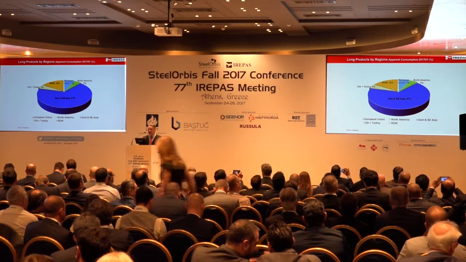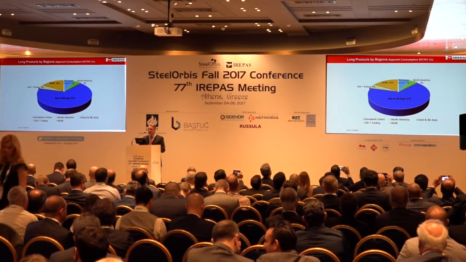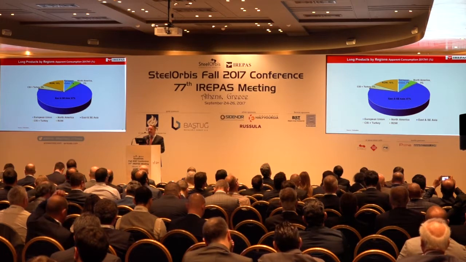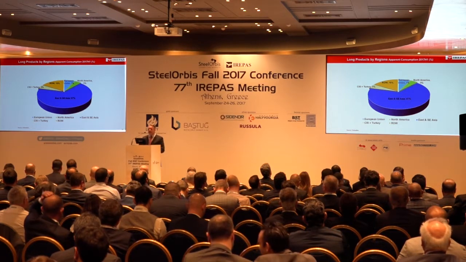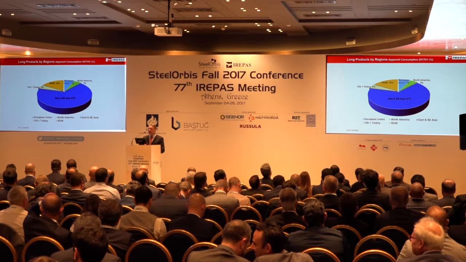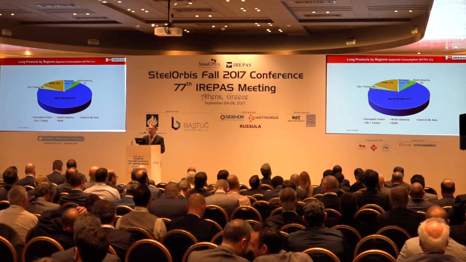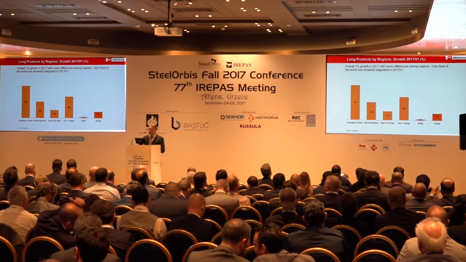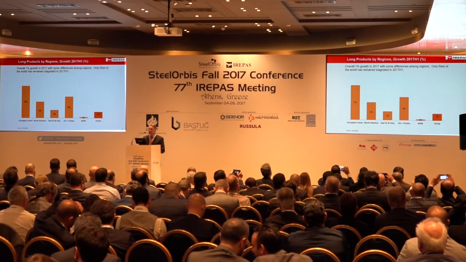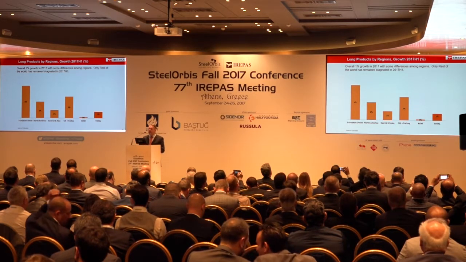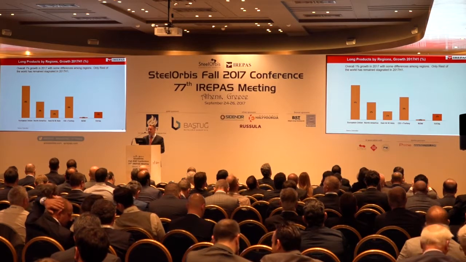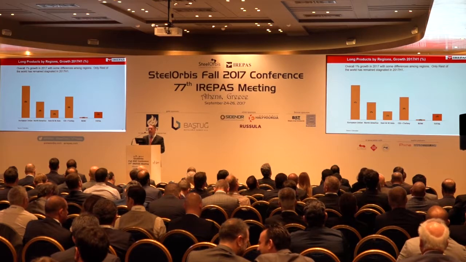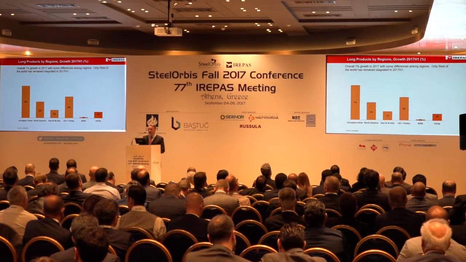So the percentage of consumption in the different areas of the world for long products is: East and Southeast Asia 67%, Turkey and these countries 5%, rest of the world 16%, European Union 7%, and North America 5%. Overall, as I said before, 1% growth with some differences among regions. All regions of the world, with the exception of the rest of the world, are growing.